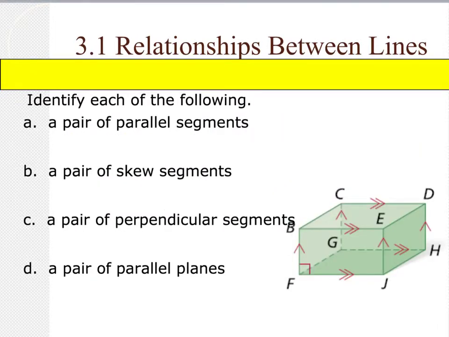Okay, this is a brand new one. I want you to try to do this one by yourself, and we'll talk about this afterwards. Again, there are so many parallel segments. I could name them all, but it might take me an extra 10 minutes. So I'm just going to give you an example of parallel segments. If you have it, great.